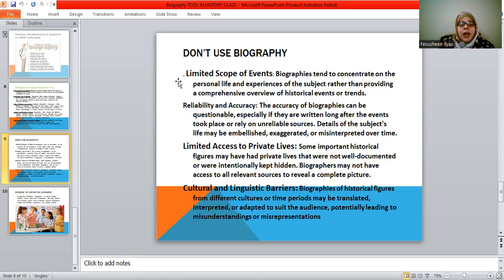Okay, cultural and linguistic barriers. Biographies of historical figures from different cultures or time periods.